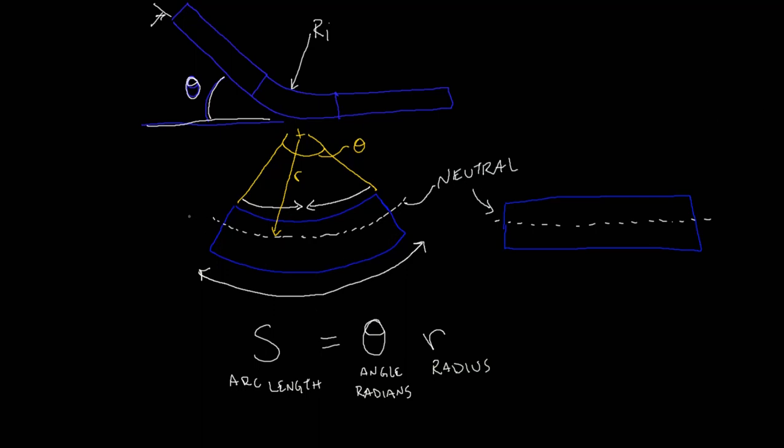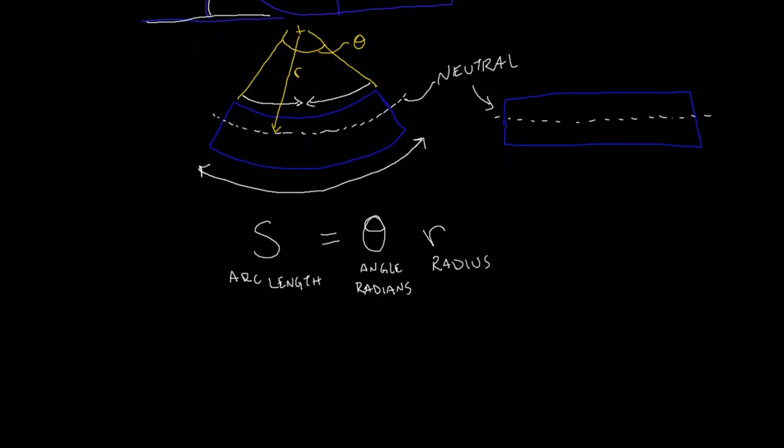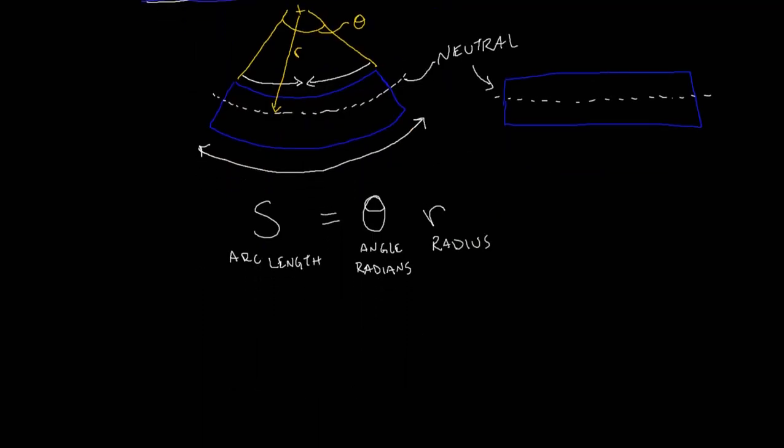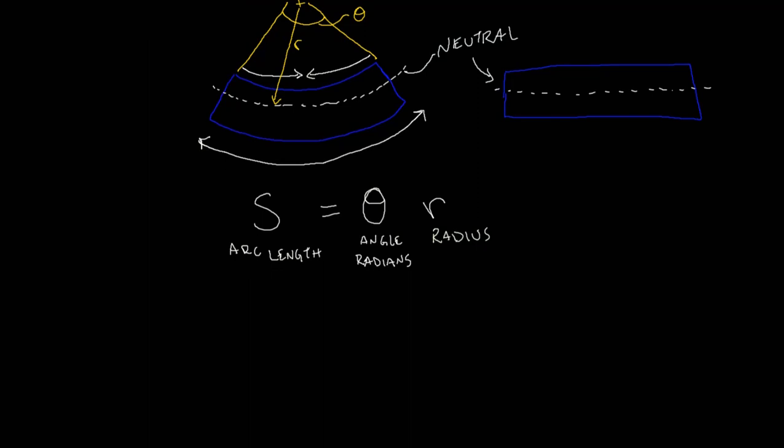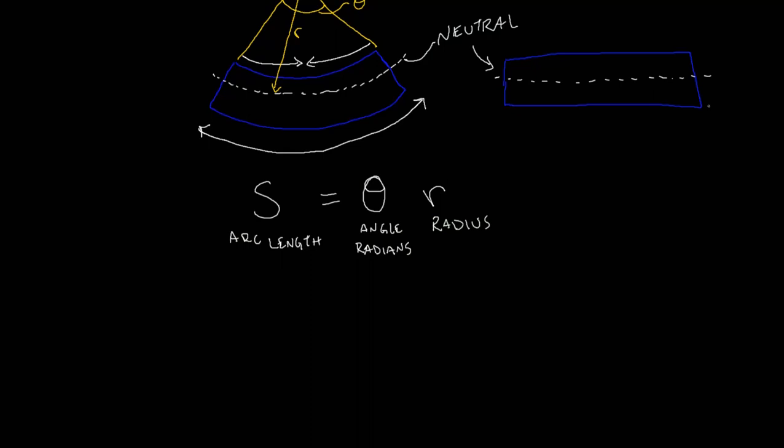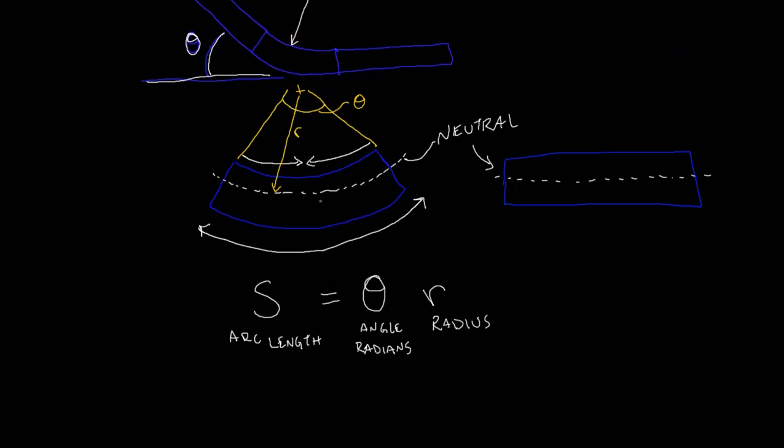And so you may ask yourself, okay, well, how do I know where the neutral axis is? Well, if the material hasn't deformed or has a very large radius relative to the thickness of the material, the neutral axis is right in the middle.